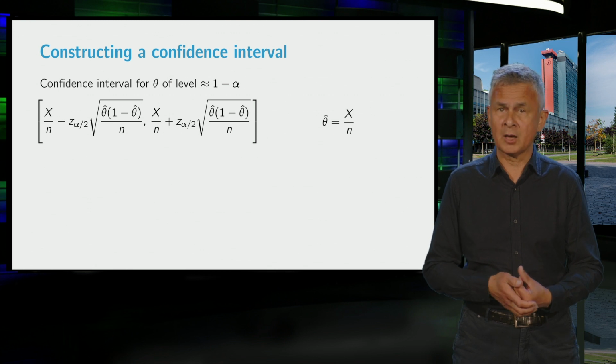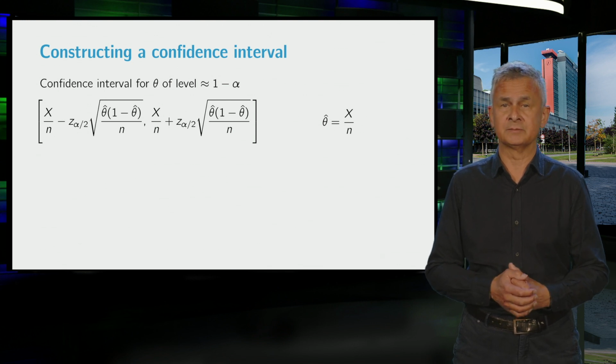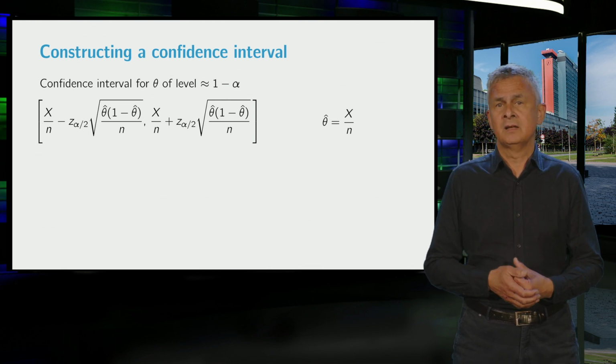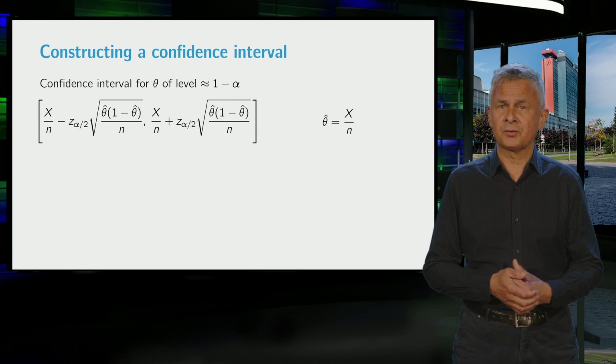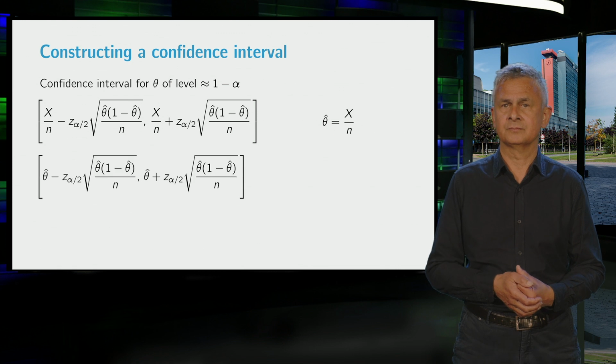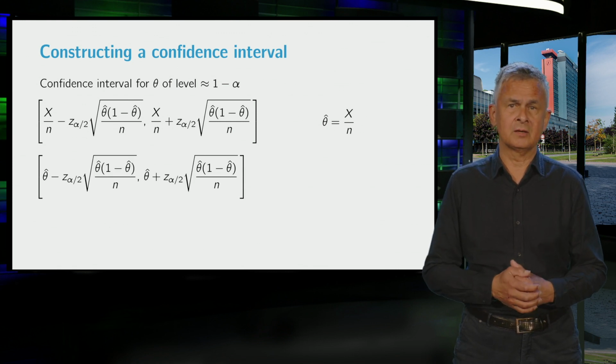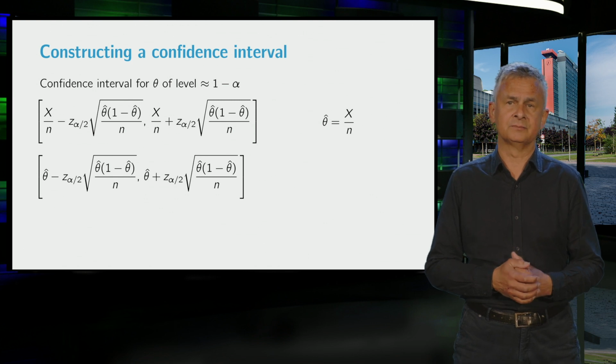And this leads to the following confidence interval for theta with confidence level approximately equal to 1 minus alpha. Now, since x over n is equal to theta hat, this can also be written as follows. Now, note that this interval is symmetric around the estimate theta hat.